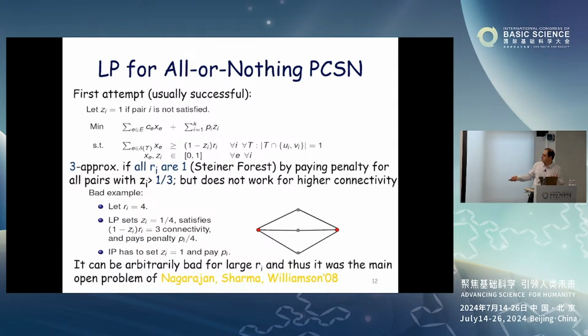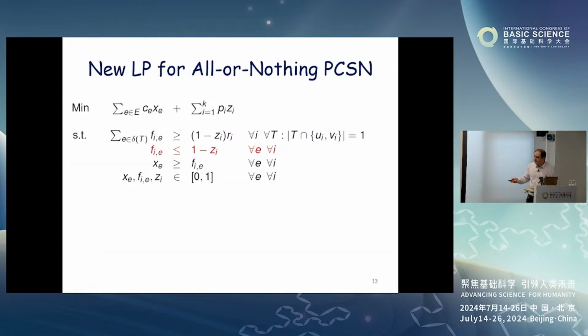The problem of 2008. I mean, this is the trick. That's a nice trick that you need to add. Essentially, you need to say lower bound and so on.